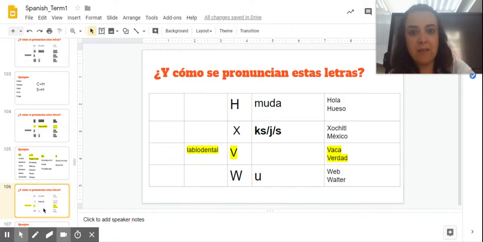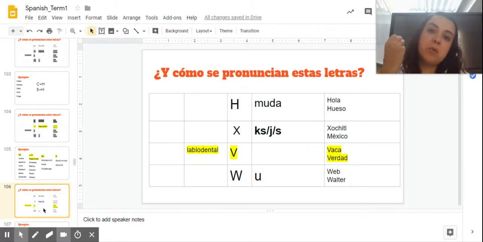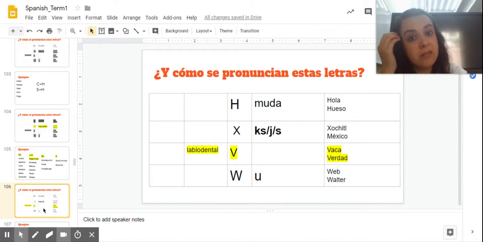La V, labiodental. So we learned this one when we were learning the first letters, the bilabiales, and we learned that in some countries in Latin America, we don't really differentiate between one and the other, and we just pronounce beso, vaca.